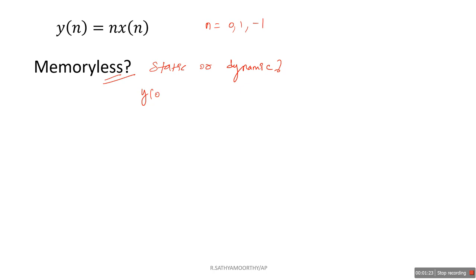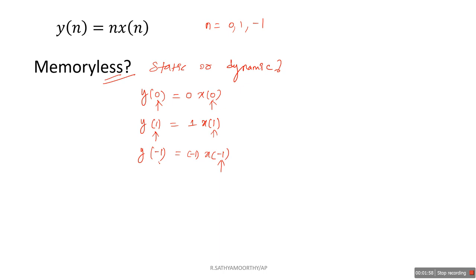So y of 0 equal, what is the value of n? n is 0, multiplied by x of 0. Here the output at time 0 depends on the input at time 0, so it has no memory. y of 1 equal 1 multiplied by x of 1, so the output at time 1 depends on the input at time 1. y of minus 1 equal minus 1 x of minus 1.